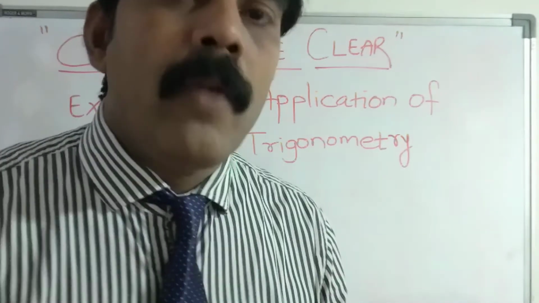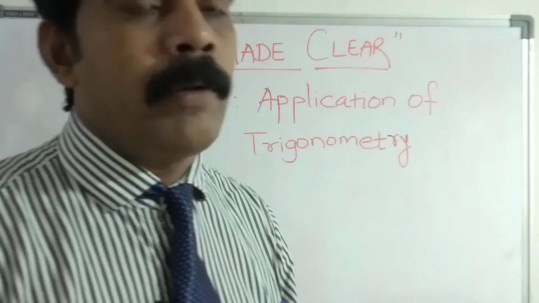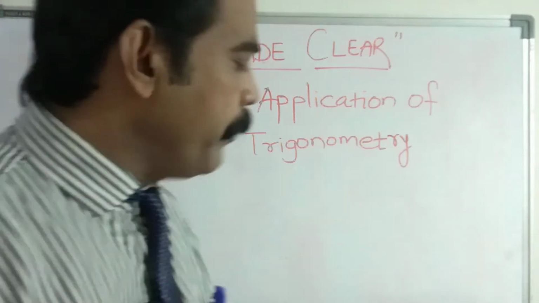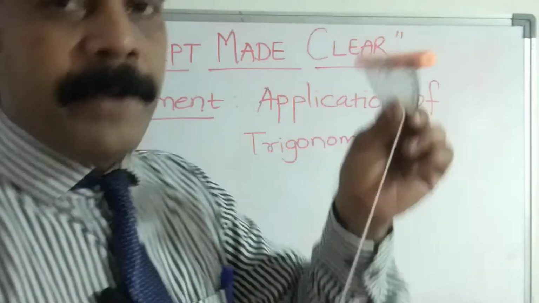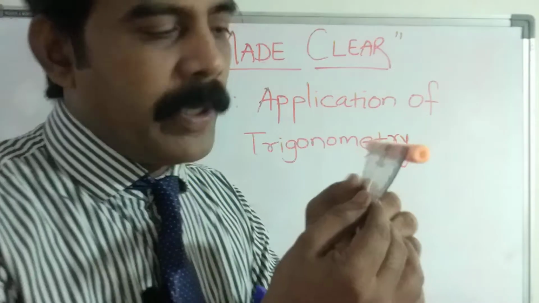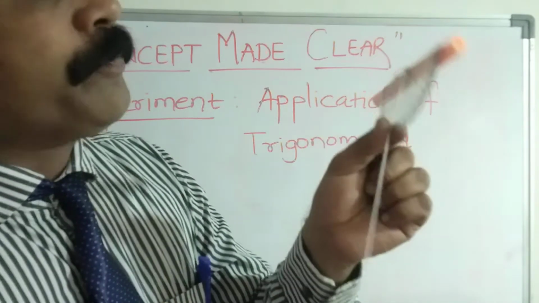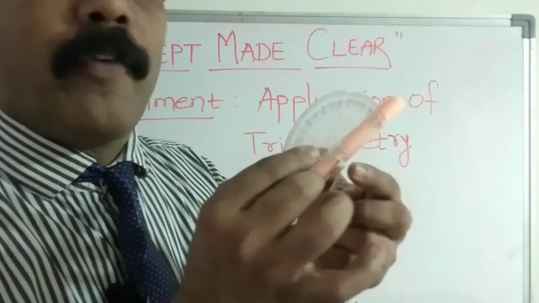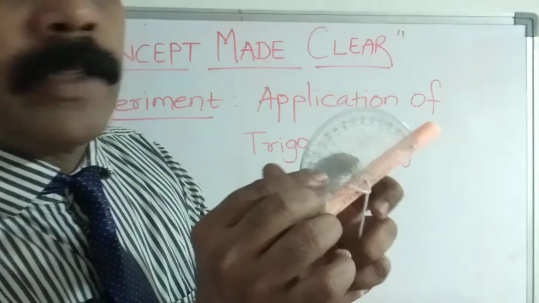We'll make a simple instrument to find the height of the wall of the room or the height of a nearby building. This instrument is known as an inclinometer, and you can make it at home. First take one protractor. With the help of a rounder, make a small hole at the base of the protractor and pass one thread through it.